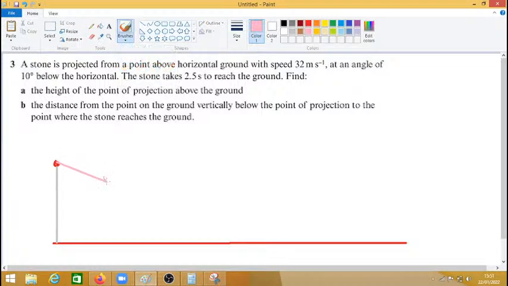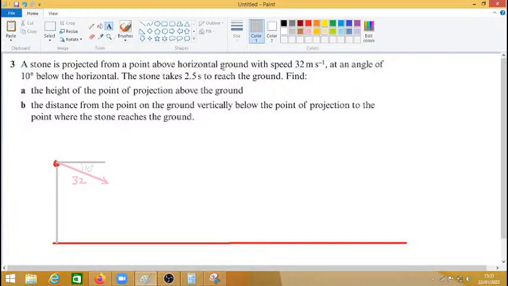So it's fired off at a speed of 32 meters per second, and the angle with the horizontal is 10 degrees. So this angle here is 10 degrees. So when you're trying to work out the vertical and horizontal components, that's where the angle is.